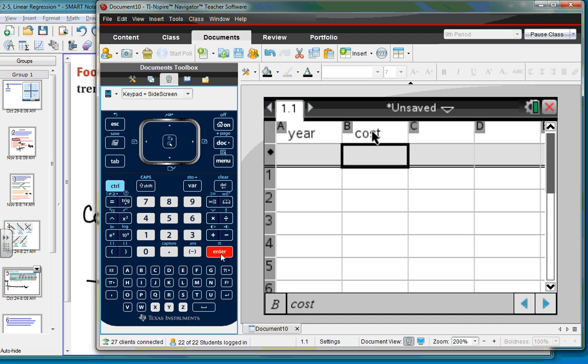If you type anything in this gray row, it's going to automatically come up as a formula, and it's going to use that formula throughout the entire spreadsheet. You don't want that. So don't type anything in there.